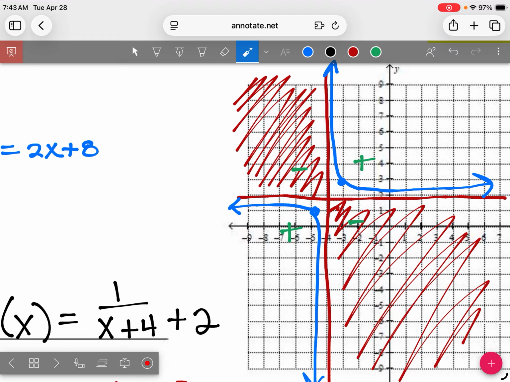Anybody need more time with this one before we move on to the next one? Okay.